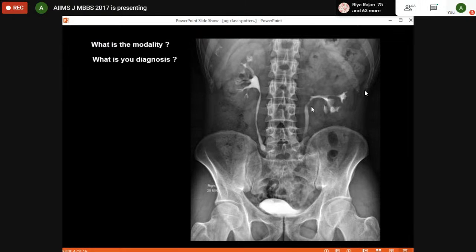Okay, and there's another rule associated with it that's called the Weigert-Meyer rule, which is related to the insertion of these double ureters on the bladder. The lower pole moiety ureter is going to insert in the normal position, while the upper pole one is going to insert a little lower and medially. Okay, so you can remember that the upper pole one is more commonly associated with ureterocele.